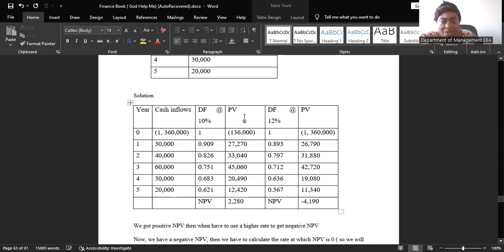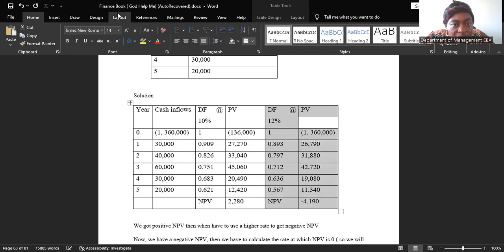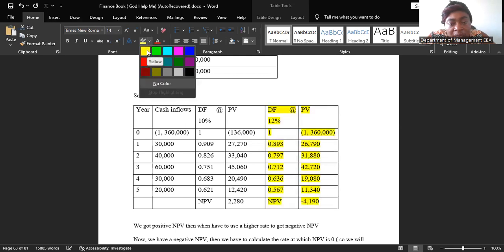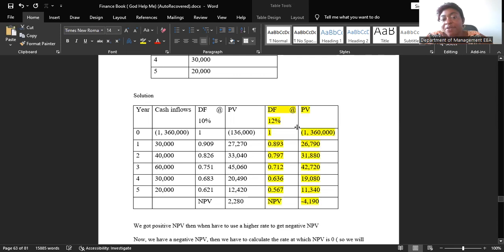And this is the fair calculation. Now let's see, let's say this part. Let me put some color there so that it'll be easy for you. This part is not part of the first part. Now, while solving and doing trial and error, I chose 10%.